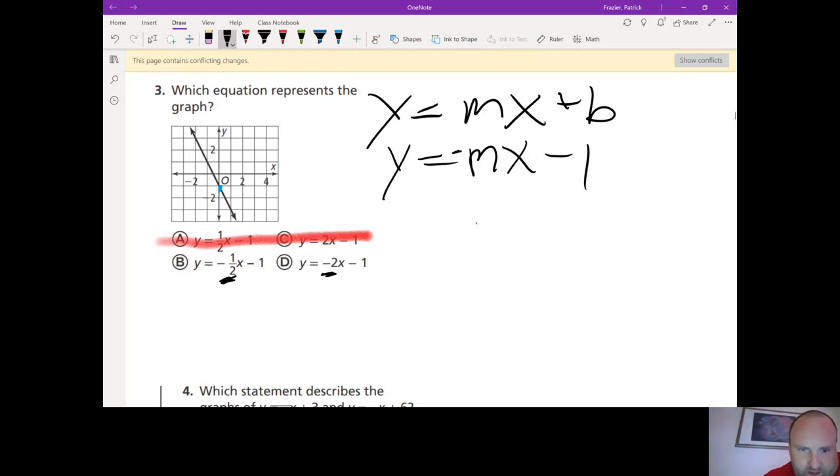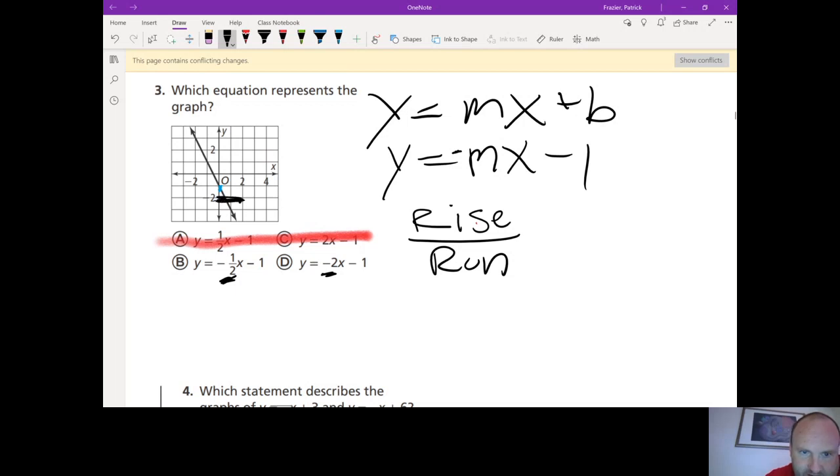But is it -1/2 or -2? Well, if it's -1/2, that would indicate, since slope is rise over run, which we've been talking about a lot, that if we go down 1 we'd go over 2. From -1, down 1 would be -2, and over 2 would be from 0 to 1 to 2.